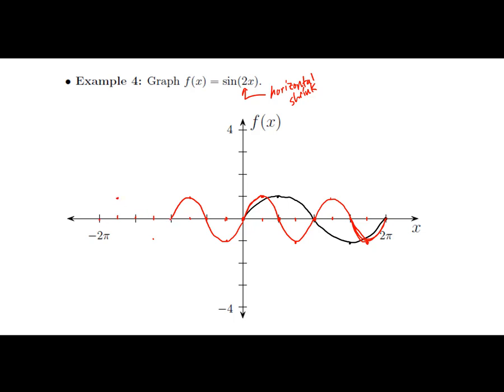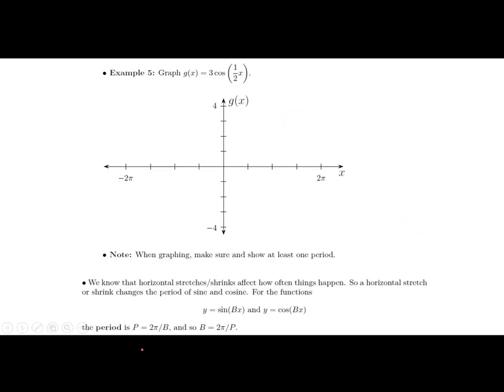So we can see that 2x in the argument of our function really changed how often it was that things are happening. Let's look at one more here. We've got g of x equals 3 times the cosine of 1/2 x.